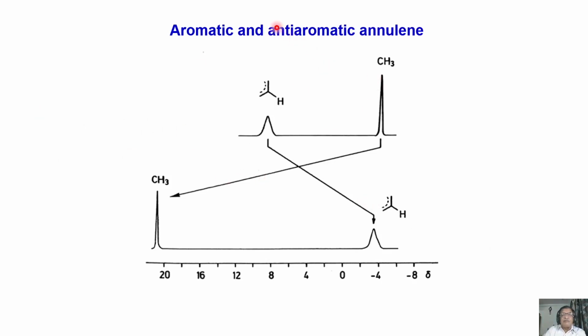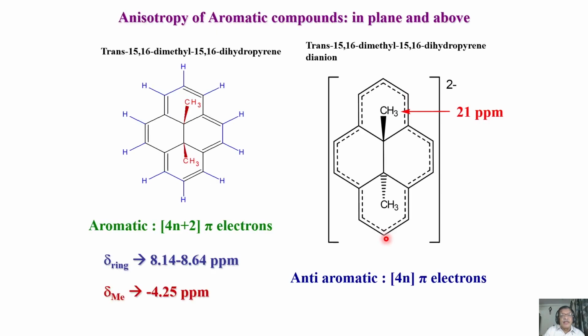In the aromatic case, the ring protons always come downfield, and the CH3 and other substituents come high field. Whereas in the anti-aromatic, the situation gets completely interchanged. In the same way, we have to look at this molecule. This is the name of the molecule. And look at these two CH3 groups, just sitting above this ring.